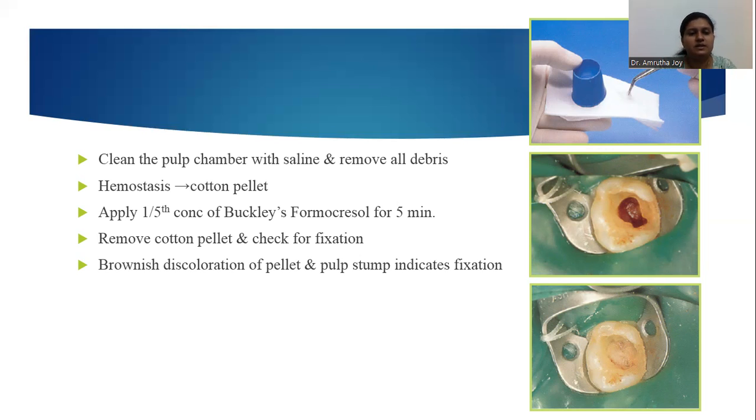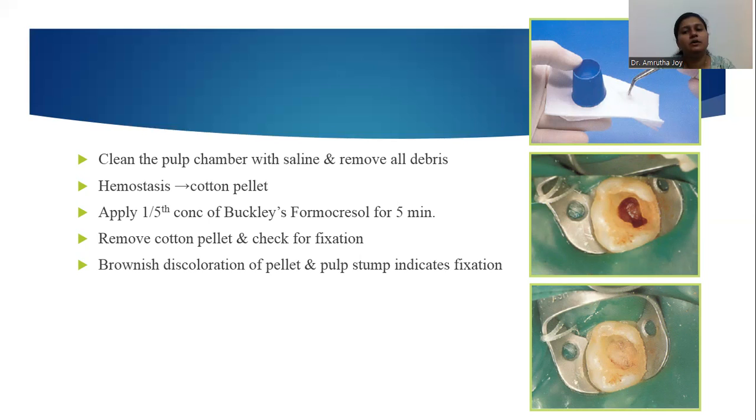After removing the debris, a wet cotton pellet is used to obtain hemostasis. Then remove the cotton pellet and apply Buckley's formocresol solution, taken on a small cotton pellet and dabbed on a sterile cotton pellet to remove the excess solution, and place that cotton pellet inside the pulp chamber for 5 minutes.